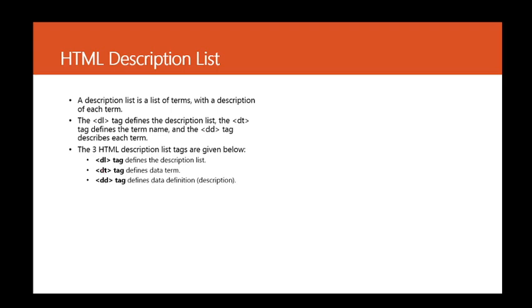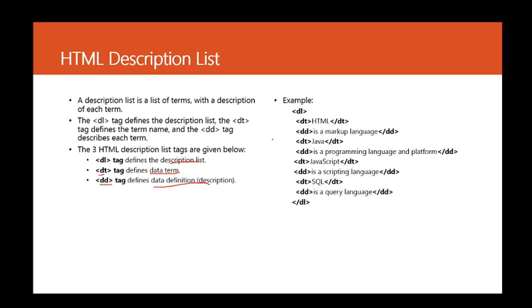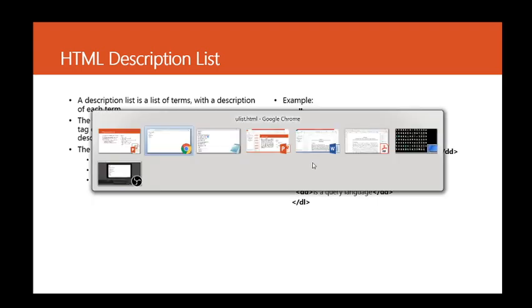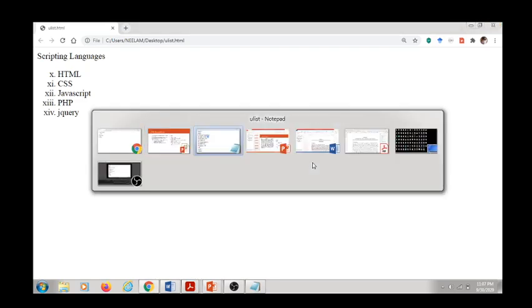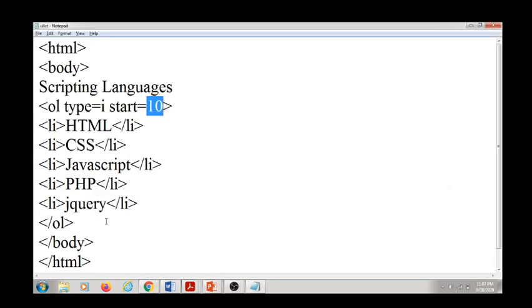So what are these tags? DL defines description list. We have DT, which defines the data term which you want to explain. DD, which is the data definition or description which you want to use. Now this is how we will be using definition list. So let's say I want to define a list within my page.